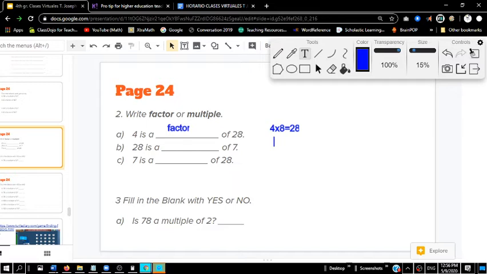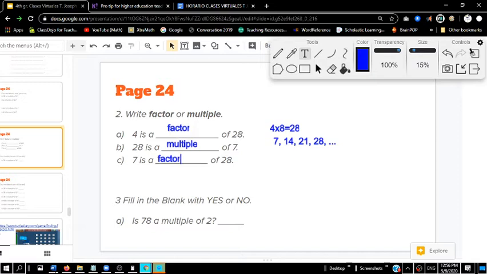Well, if I continue to count 7, 14, 21, 28, I know that 28 is indeed a multiple of 7. And the last one, 7 is a, well, we just counted by 7, so we know that 7 is actually a factor of 28, because we're counting by it, 7, 14, 21, 28.